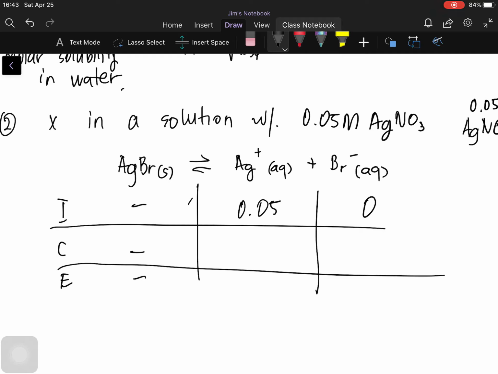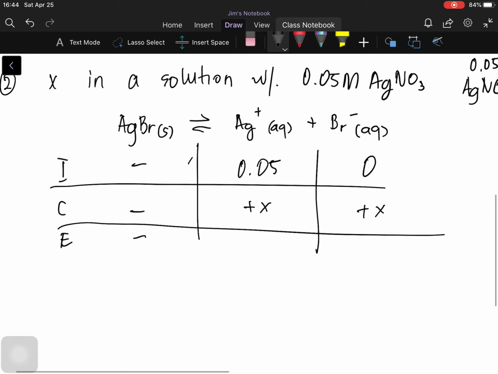Since we do not have any bromide ion concentration, the system will shift to the right side, to the side without ions. That means the reaction is going to the product side. So for change, this is positive x for the silver, positive x for the bromide ion.